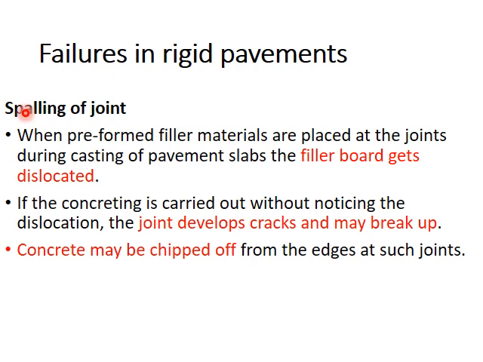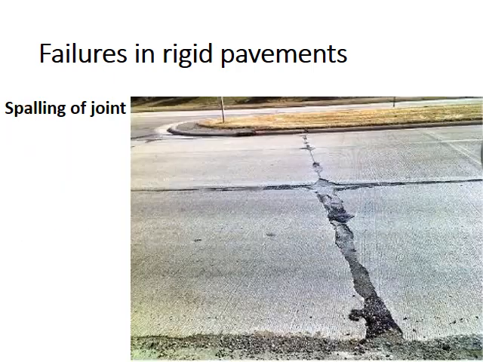So these dislocated fillers may cause cracks, and the edges of the cement concrete slabs may develop cracks, and also material might be lost or chipped off from the edges at the joints.